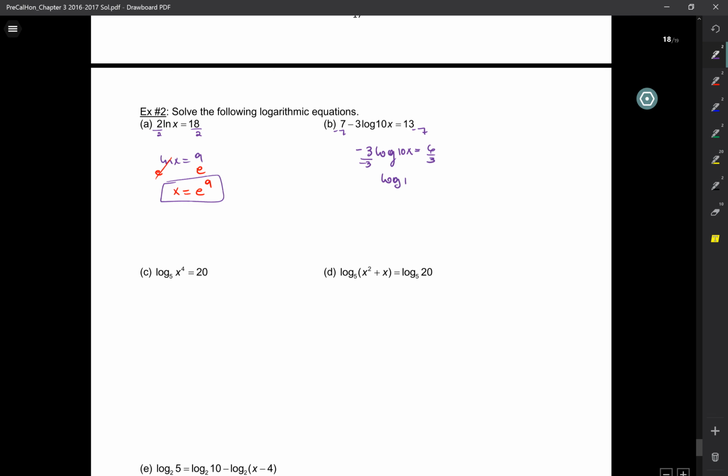So log 10x is equal to negative 2. Now, how do you get rid of this one? What's going on here? What is the base of this log? Well, if there is nothing written, it's a base of 10. Log base 10 of 10 will give you x equal to negative 2.